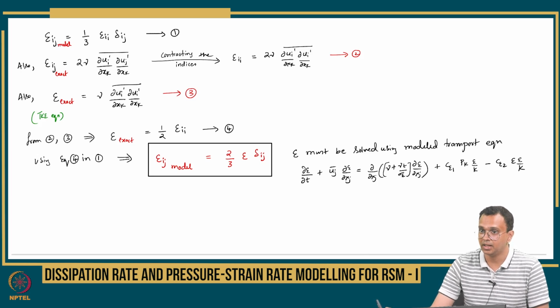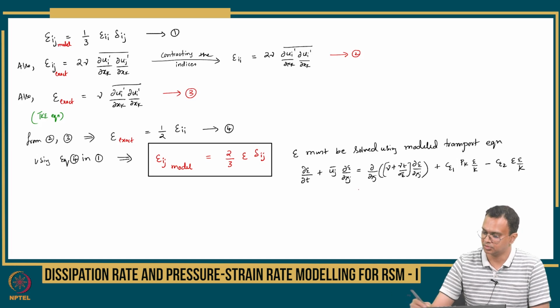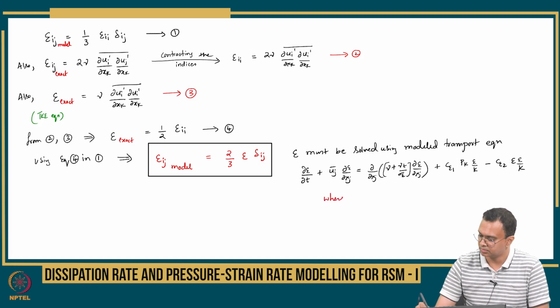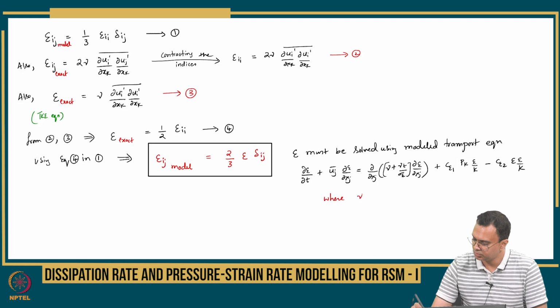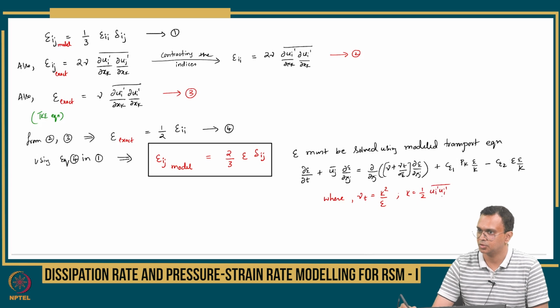But I do not need a k modeled equation to solve this, right? So here νt comes from k²/epsilon, and k is half of your ui'ui' average. So you have access to the Reynolds stresses here, you are computing for it.